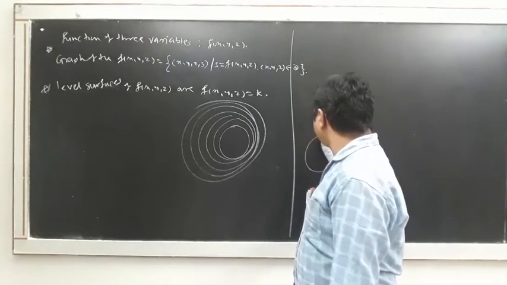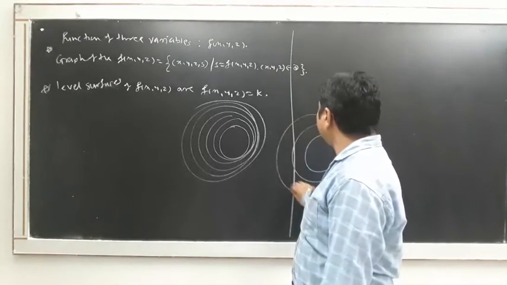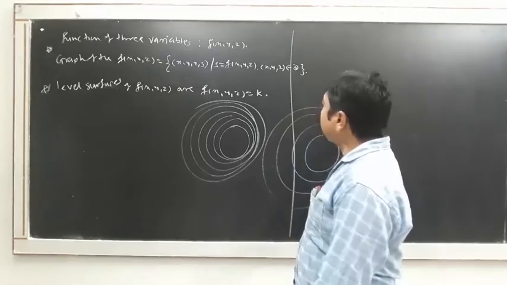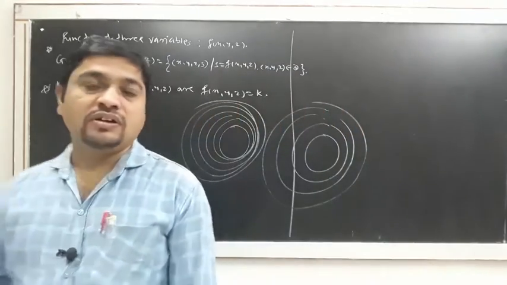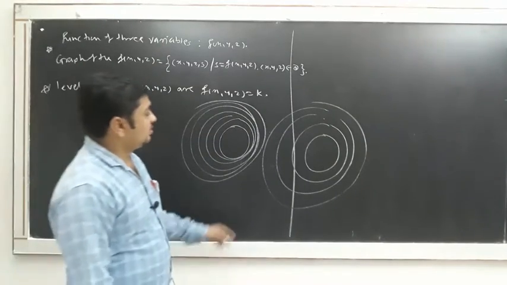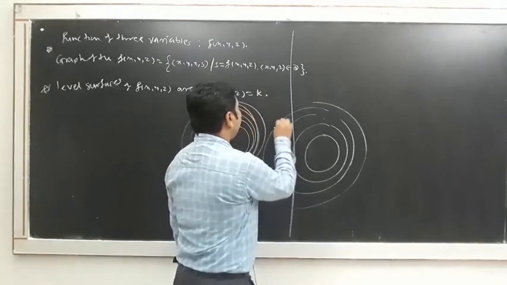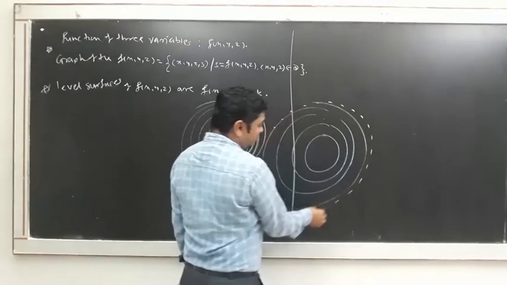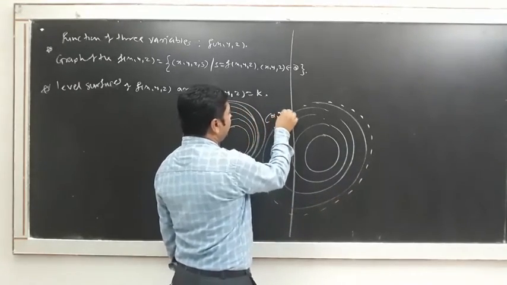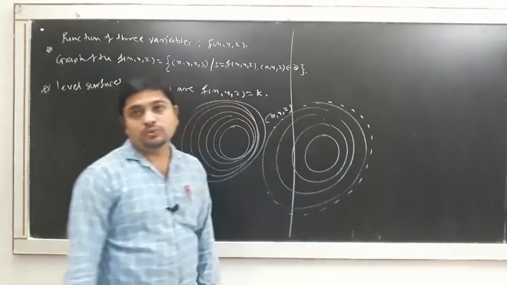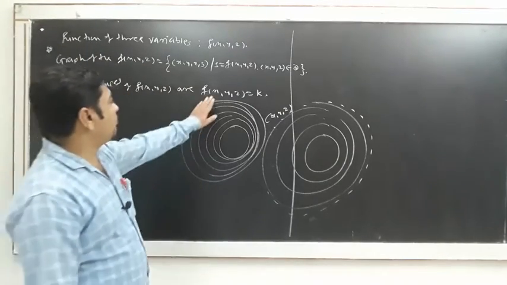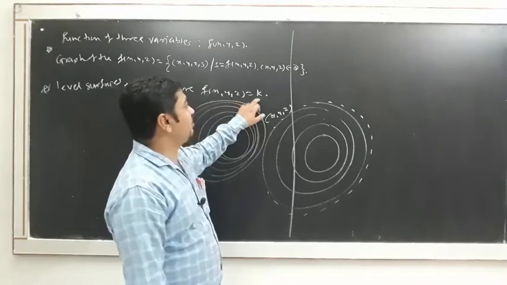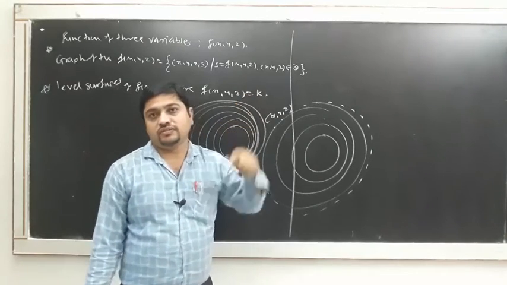We are getting spheres. And if you move on this sphere, or on this surface, then your point (x, y, z) moves, but there is no change in the value of f(x, y, z), because it is a constant.